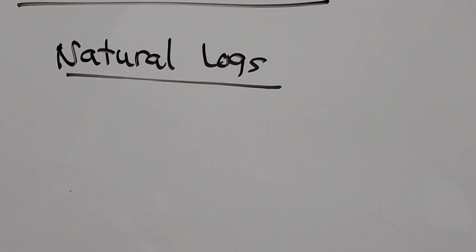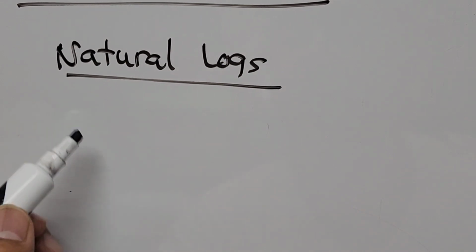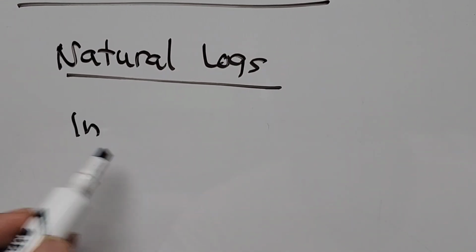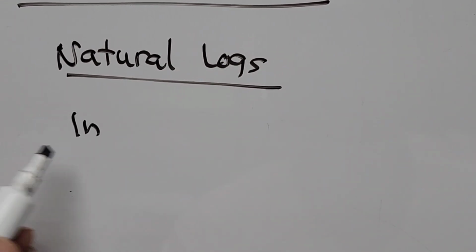Let's do natural logs. What is a natural logarithm? Natural logarithm is a logarithm with the base e. Use the base e instead of the common logarithm. So ln is the symbol for natural log.